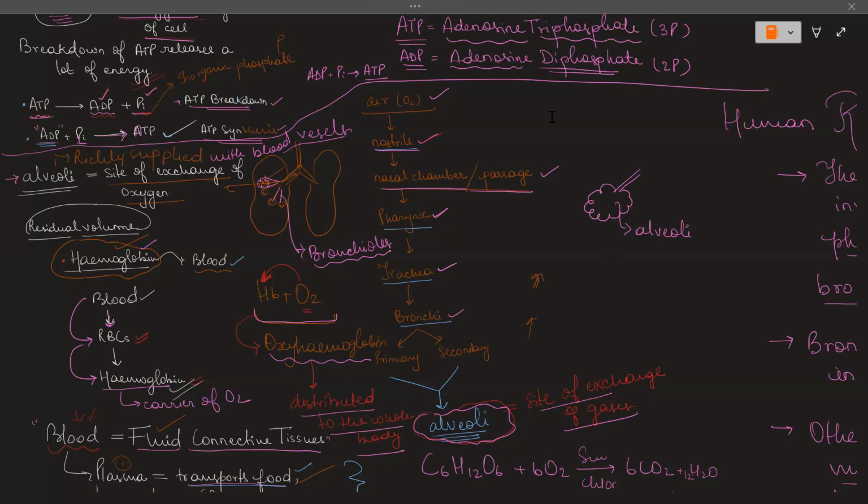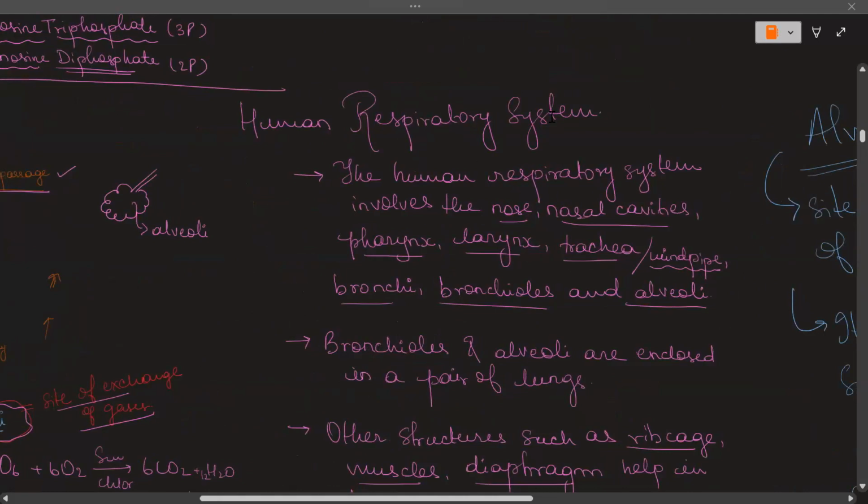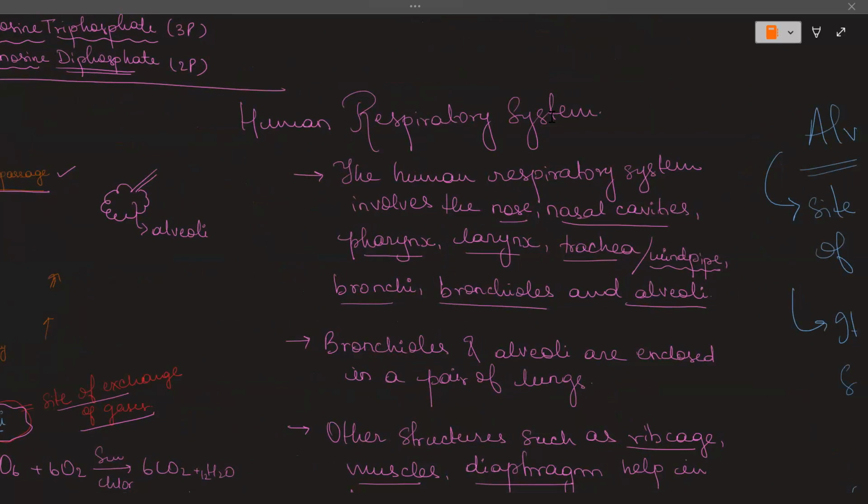All right. Now we're going to start with the human respiratory system. Human respiratory system is the system that enables us to exchange gases. We can take in oxygen and give out carbon dioxide because of that.